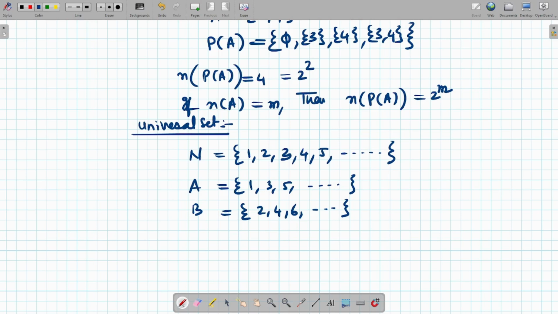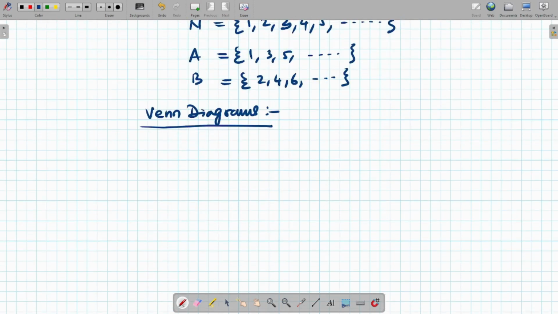Now here we can represent the sets as part of what is called Venn diagrams. The representation of a Venn diagram is done through a rectangle.